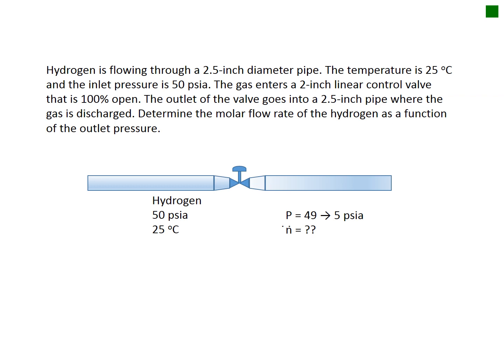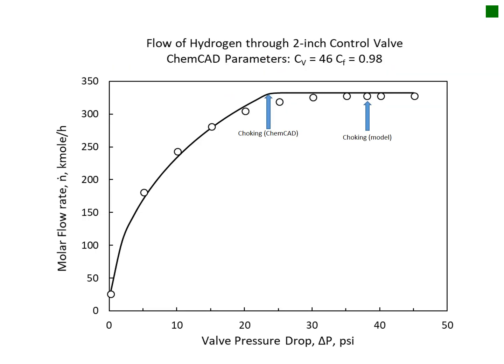I want to look at the molar flow rate of hydrogen as a function of the outlet pressure. That is, I'm going to vary P2 at different values and look at what the molar flow rate is actually happening for this hydrogen stream.